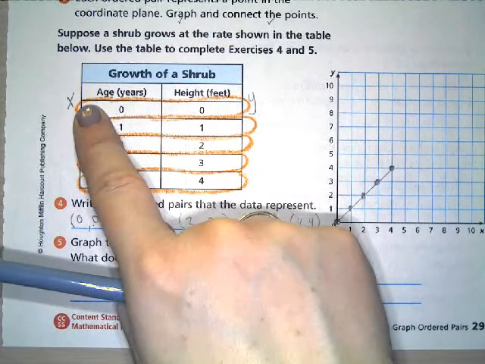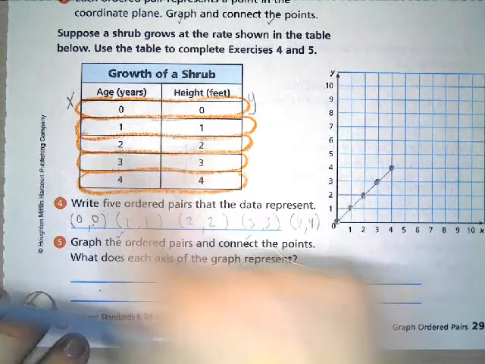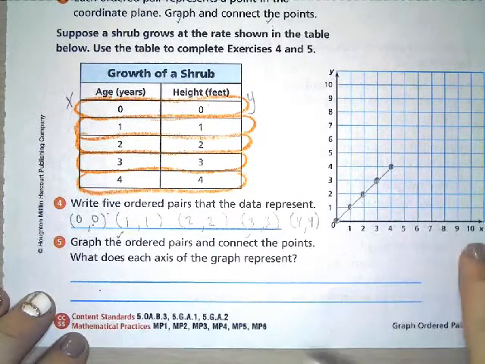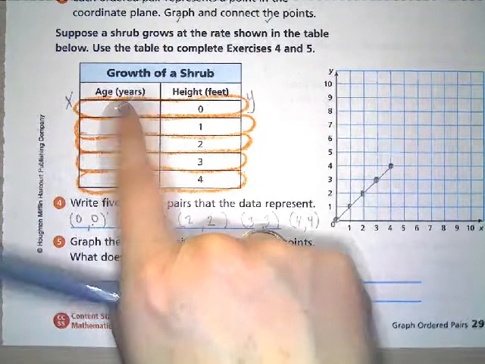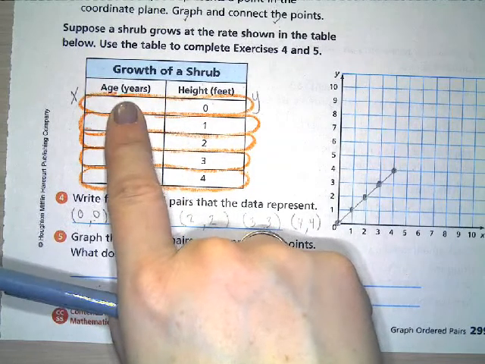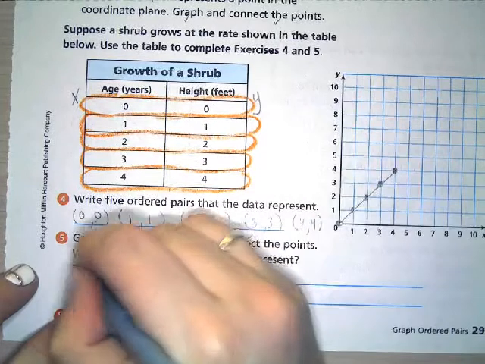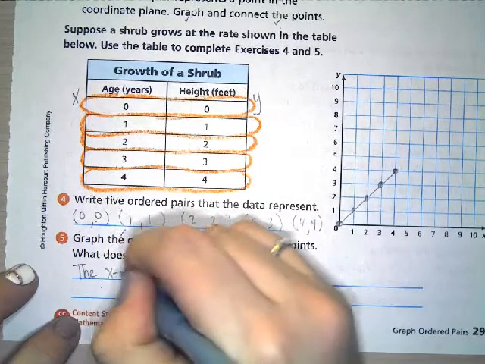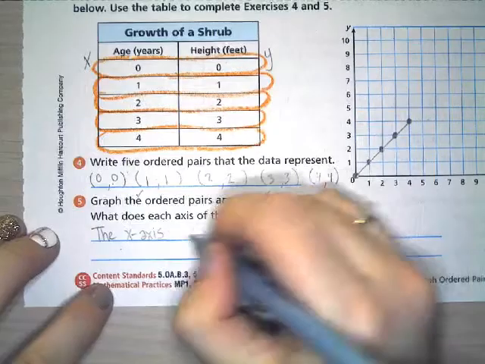So the x line represents whatever x was talking about. What was x talking about in this math table? X is talking about how old the shrub is, the age in years.